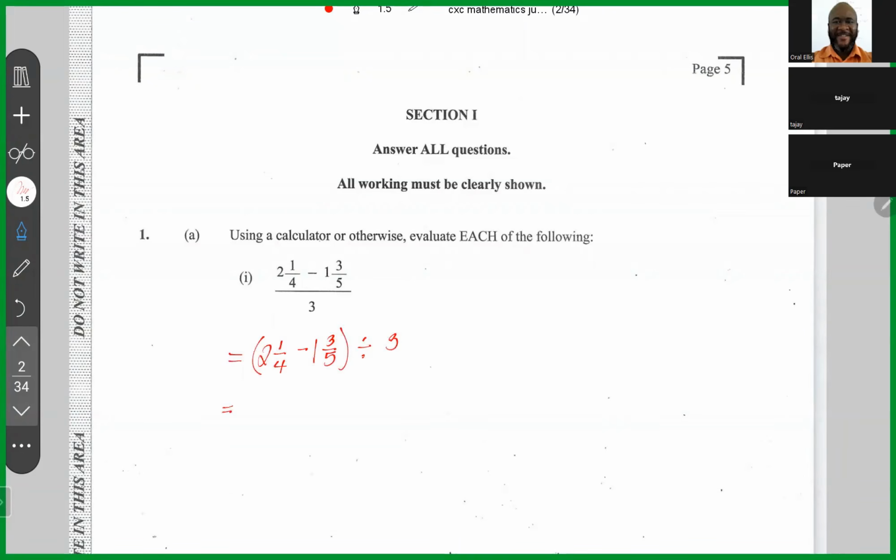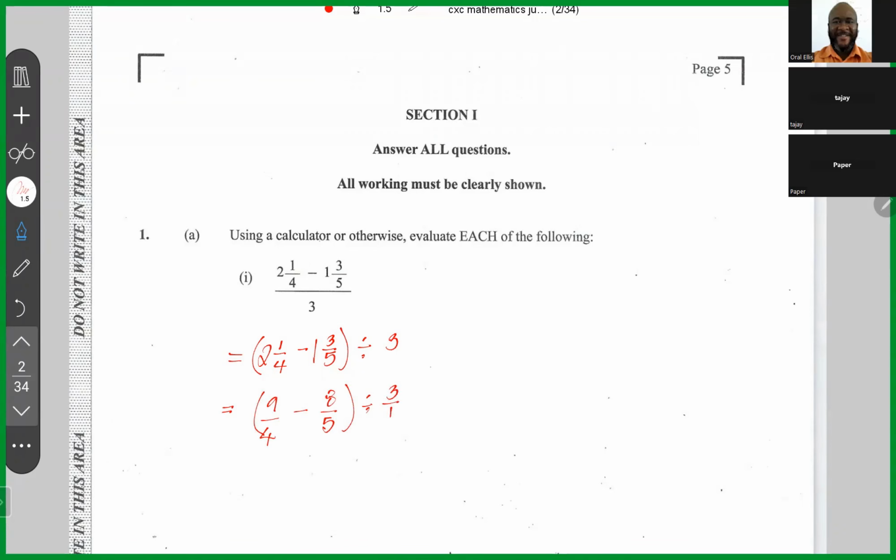So now I have 4 2s are 8 and 1 is 9/4 minus 5 1s are 5 and 3 is 8/5. This is still my numerator. Divide by 3, which is the same as saying 3/1.